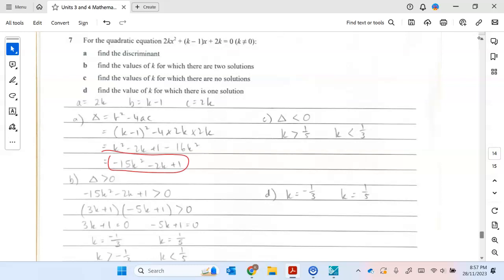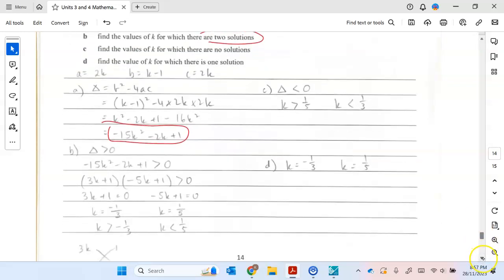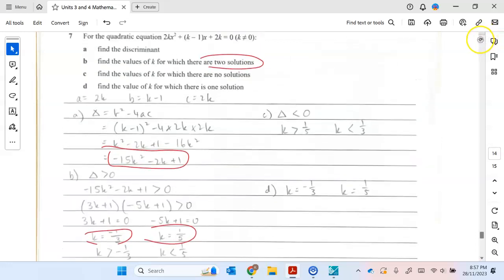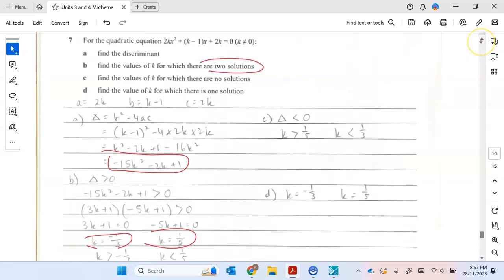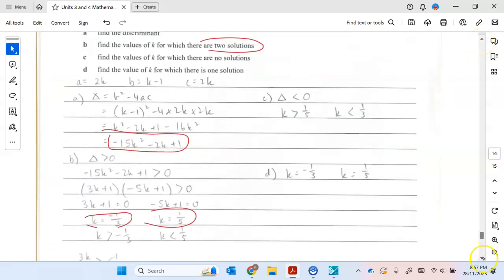So when we're looking for 2 solutions, because your discriminant is in quadratic form, that's why we've got these 2 solutions here. K equals -1/3 and K equals 1/5. Now our quadratic, is it another positive? Oh, sorry, I'm looking at my notes.